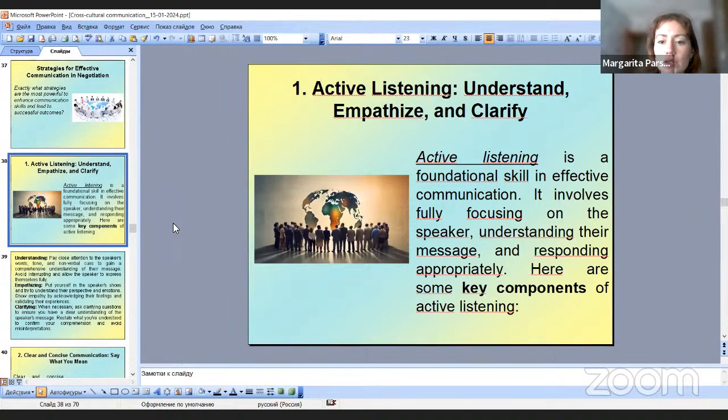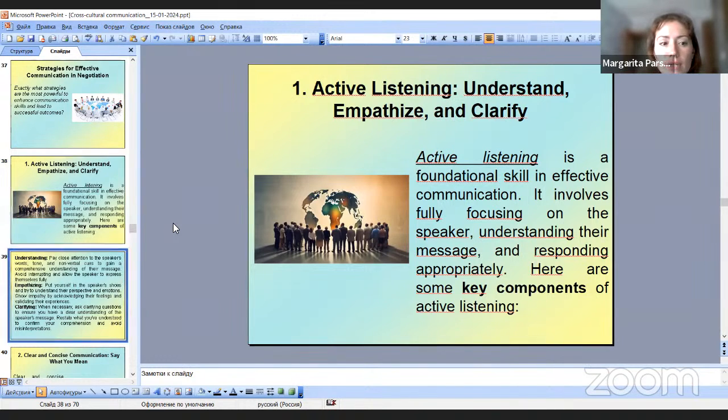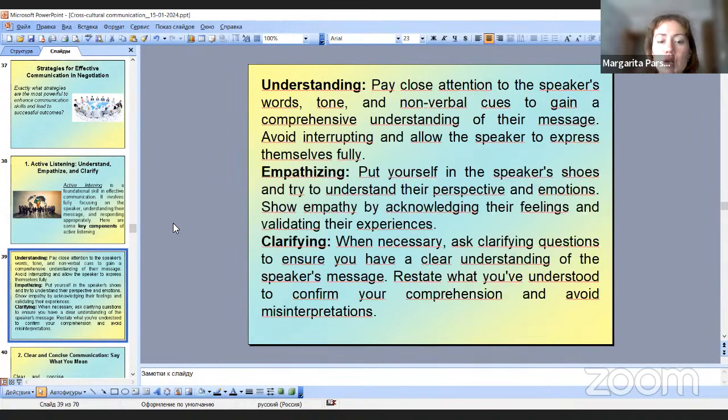What's clarifying? Active listening is for clarifying and understanding, paying attention to the speaker's words, and also not only words but tone and nonverbal cues, to gain a comprehensive understanding of their message.